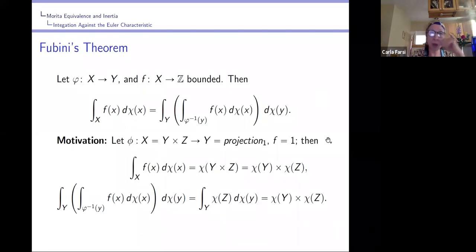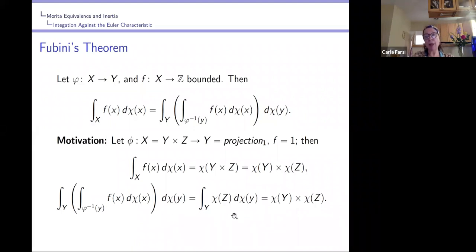If X is the product Y times Z, then I project down using the obvious projection on Y, and I take the function to be the identity. What I expect to get is the integral of 1 with respect to d chi on X, meaning the characteristic of X. I'm expecting to get the characteristic of Y times the characteristic of Z. And if you go through the calculation, it's not that long, it gives you that.